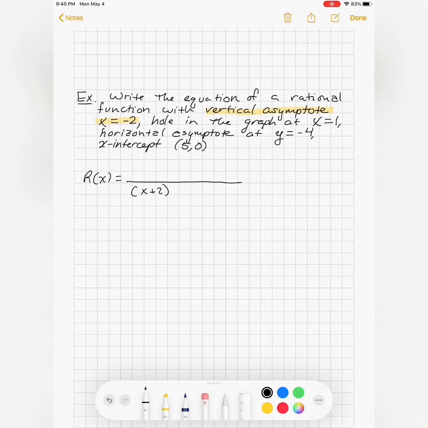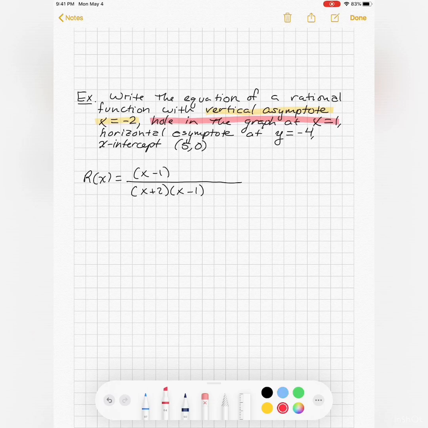That'd give me a vertical asymptote at x equals -2. Hole in the graph at x equals 1. So that means I have to have a factor that cancels, x minus 1, top and bottom, right? That'd give me a hole in the graph at 1.